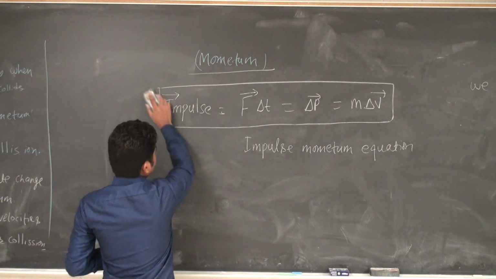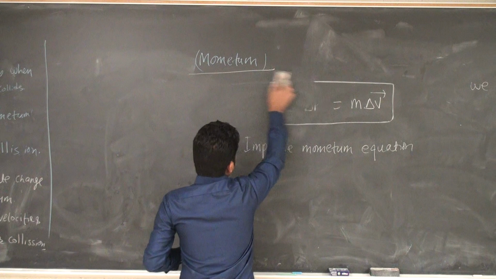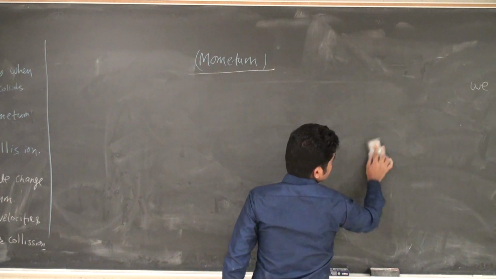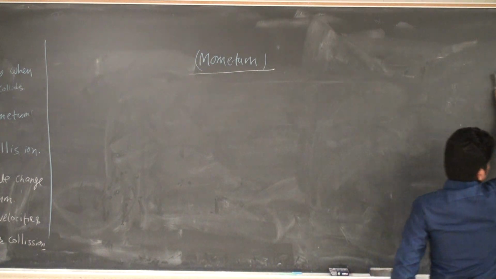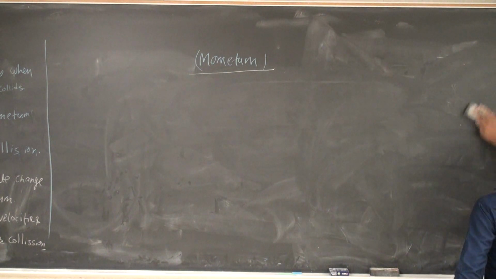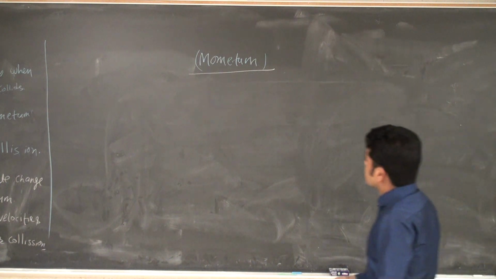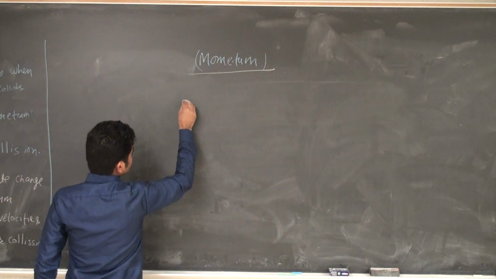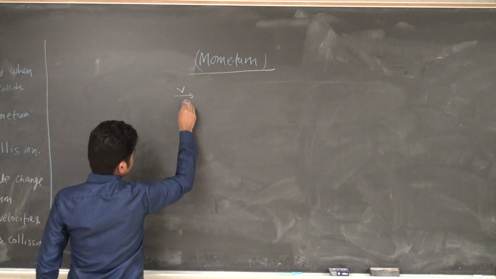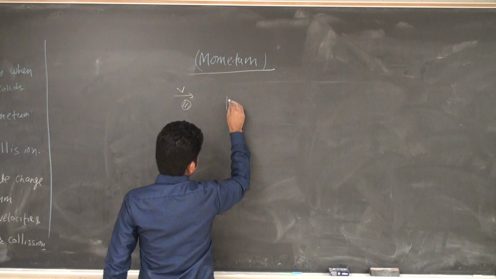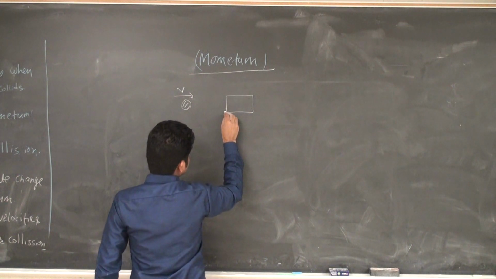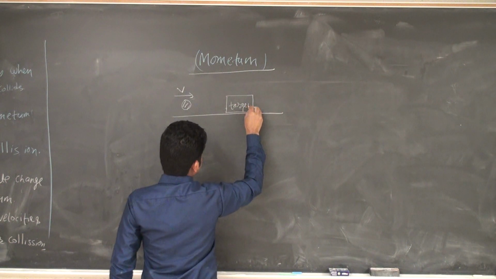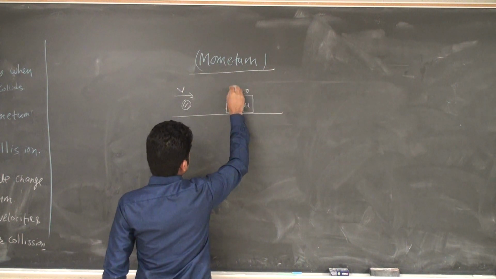Let's consider three scenarios. This is the ball, moving with velocity v, and this is the target, which is at rest, so it has velocity 0.